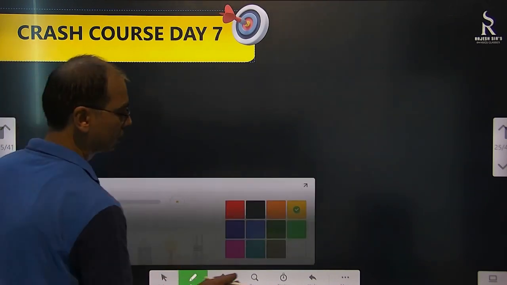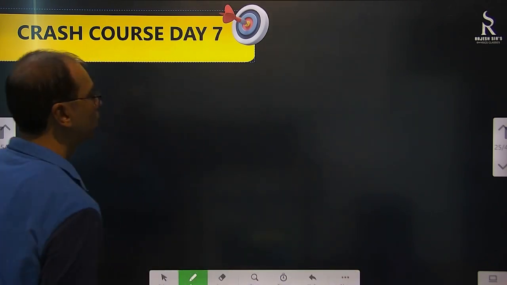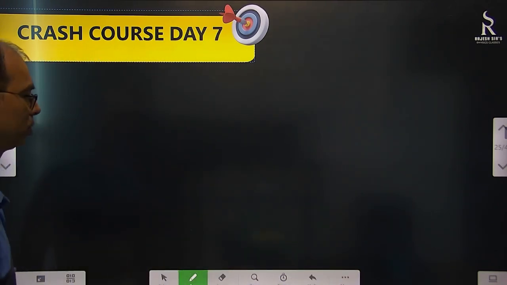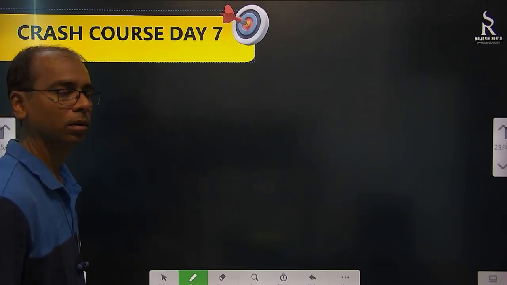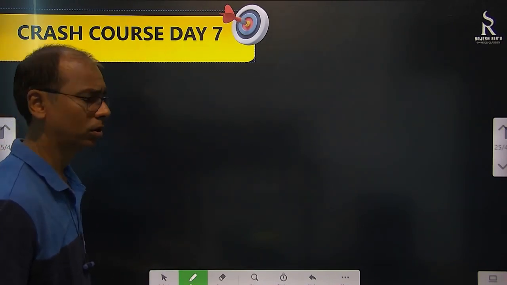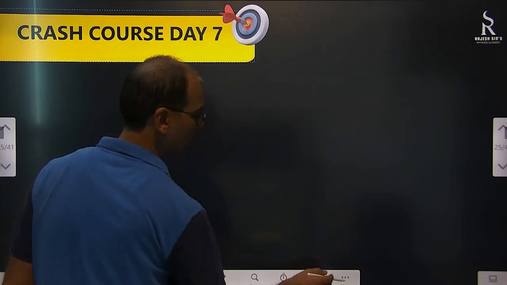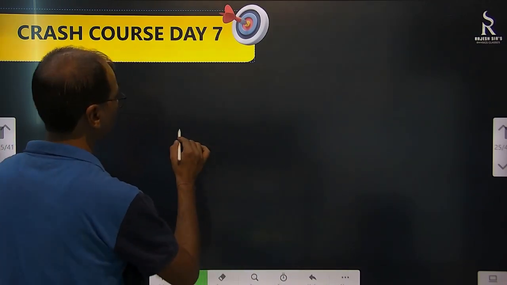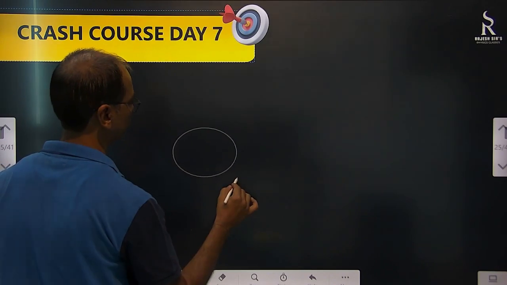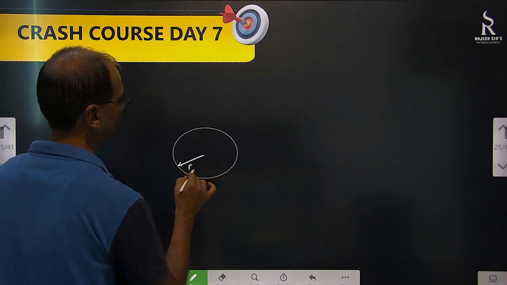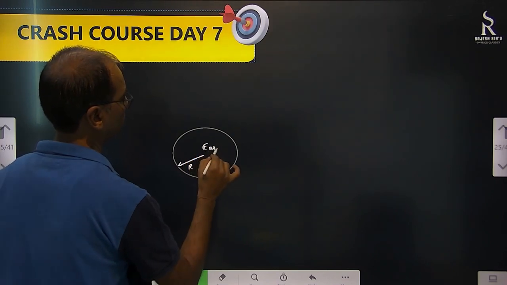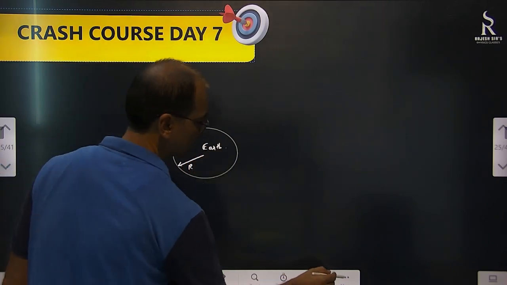Then what now? What more? Now we are going to talk about energy. Okay, the energy of a satellite which is orbiting around the earth, or you can talk about a planet which is orbiting around the sun. What is the energy? So suppose this is the earth. Radius is r. There is earth here, and the satellites are there.